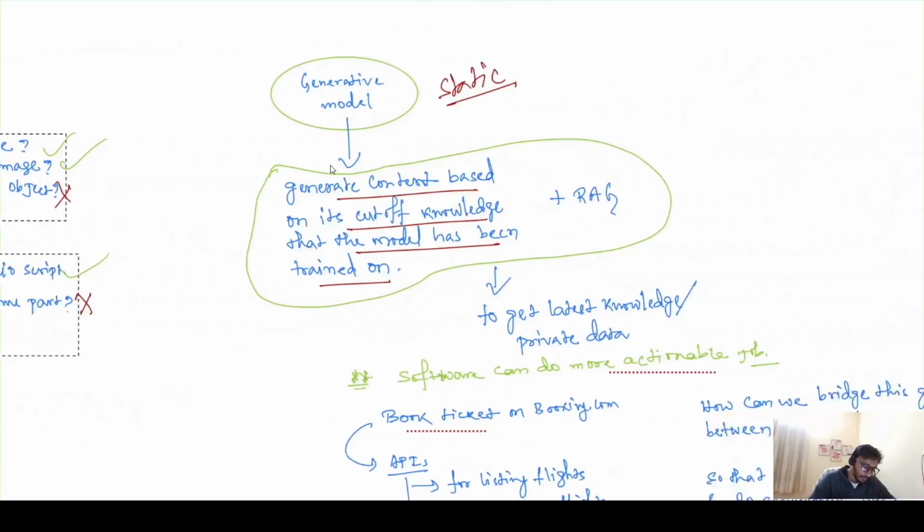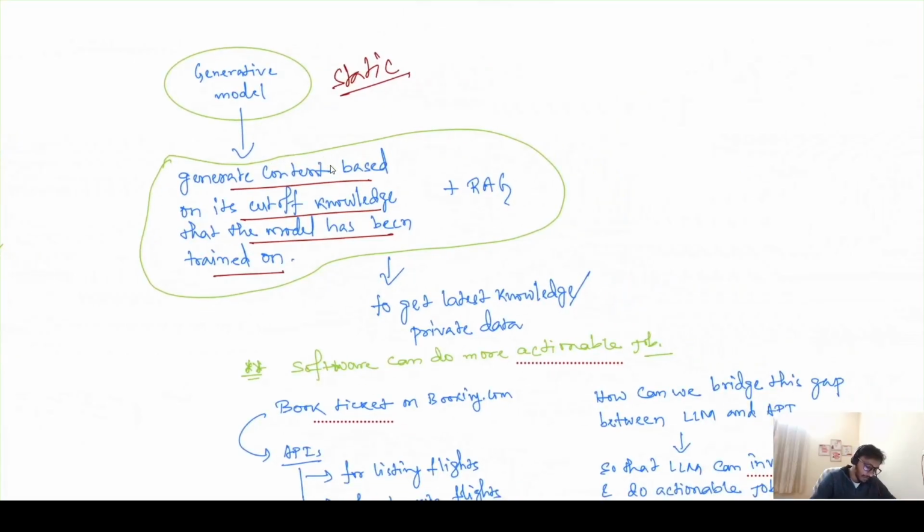Okay, so in case you have a static model, but you would like to incorporate the latest data, what is the possible solution? Let's say you have a chatbot in your organization, and it answers questions regarding your organization, and you would like to incorporate the latest data that your company generates every day, right?